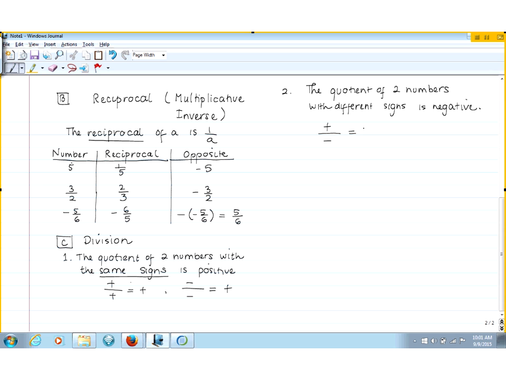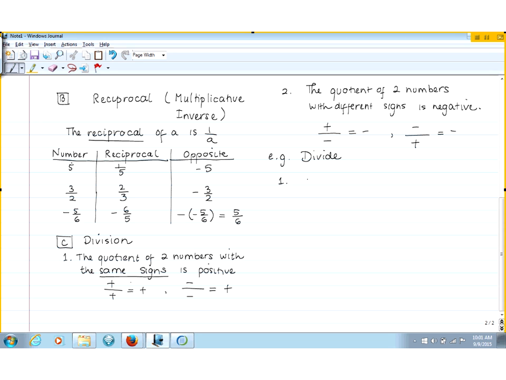So plus divided by minus is minus, minus divided by plus is minus also. So if they're different, then it's negative. All right. So now you're just going to do it then. So for example, divide.